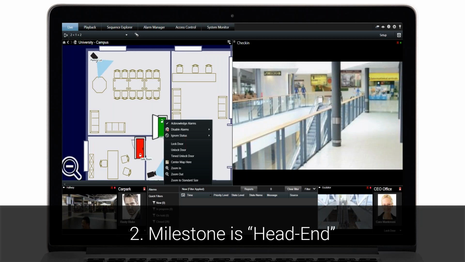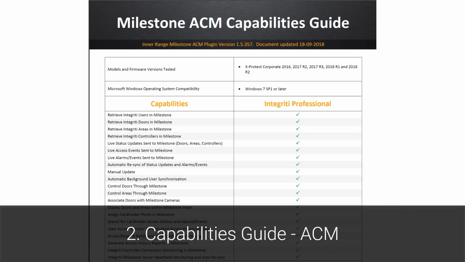This is exactly what we're doing, bringing those users and areas and displaying them in the Milestone access control platform. This is also a document you can download from the website, and you can see there is much more you can do than just bringing users and areas. We do this bidirectional integration to give operators the flexibility to choose what is in front.